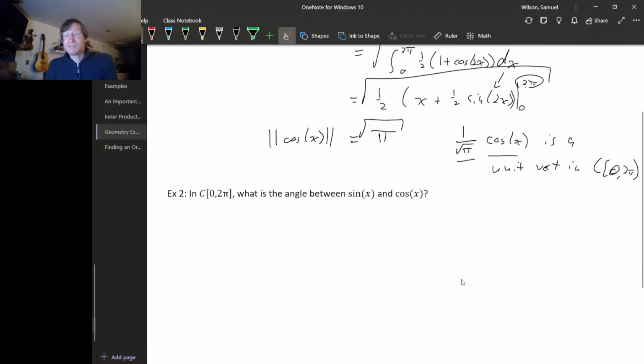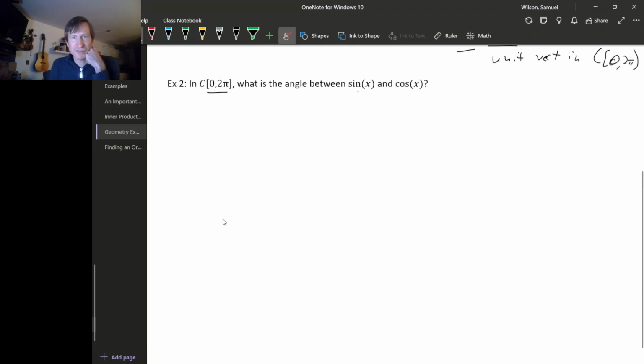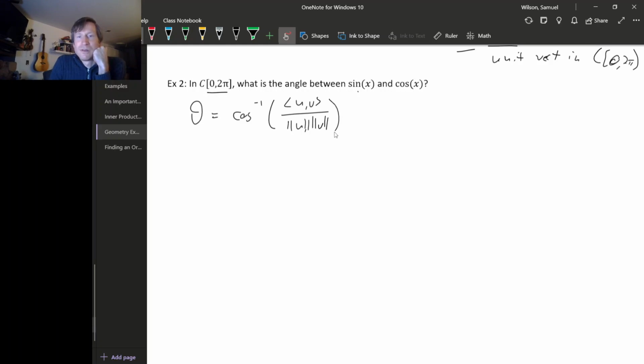As another example, let's see what is the angle between sine of x and cosine of x in this function vector space. To define angles between vectors, we calculate the inverse cosine of the inner product over the vectors' norms.